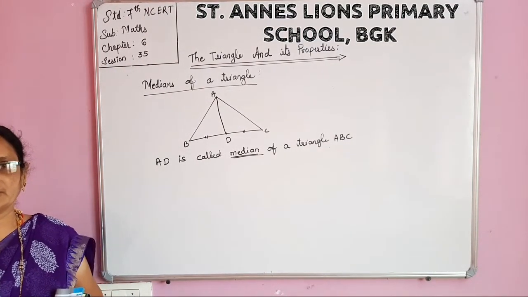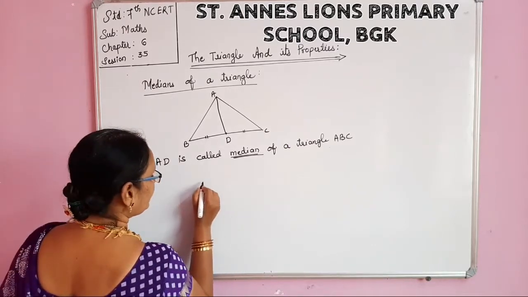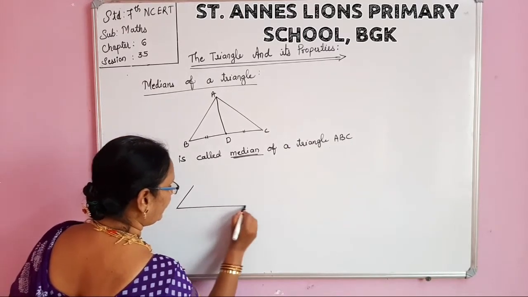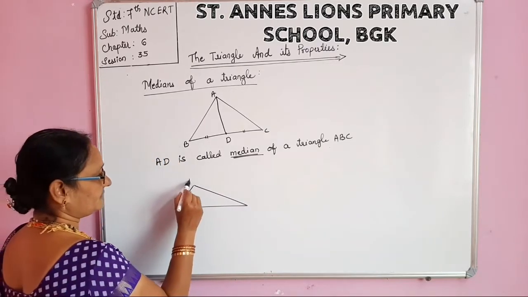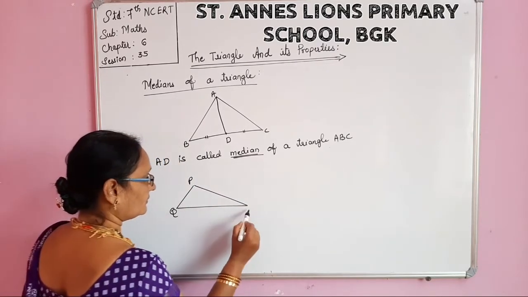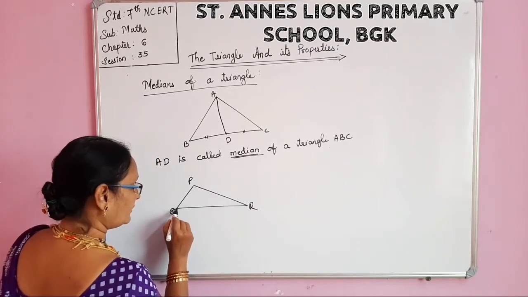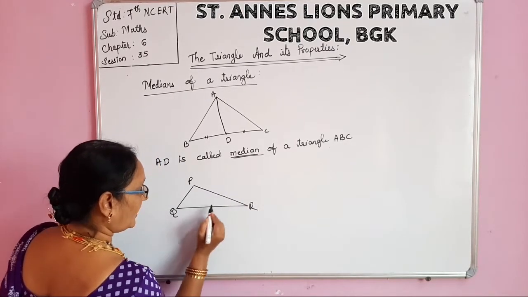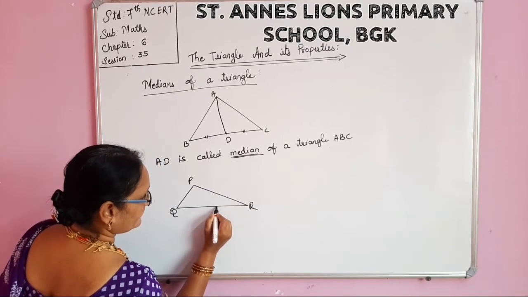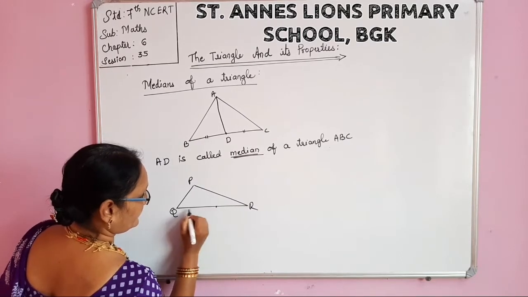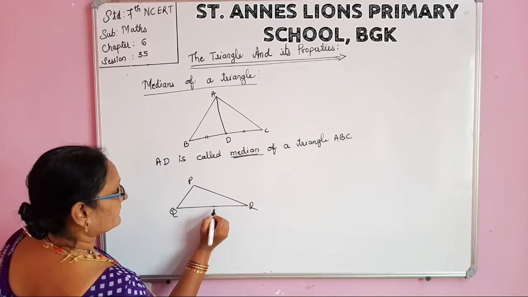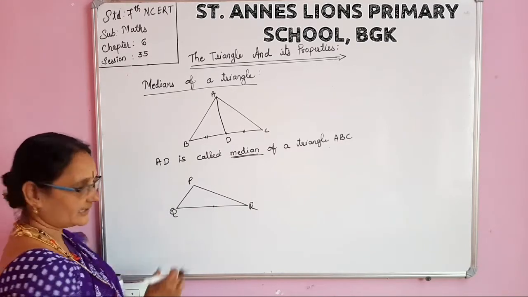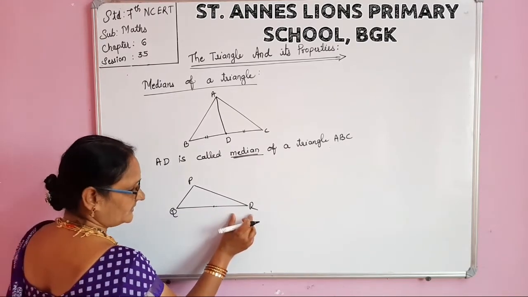I hope you understood. Again, the same way, sometimes the triangle will be like this. Suppose this is P, Q, R. Now you find the midpoint of QR. Maybe it is here. If QR is 12 centimeters, this is 6 centimeters and this is 6.